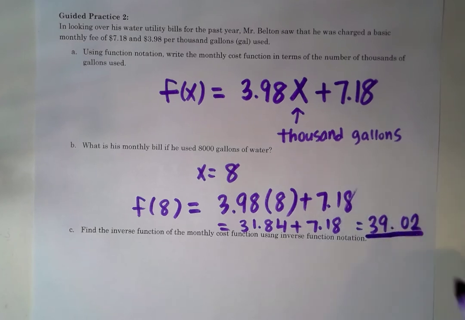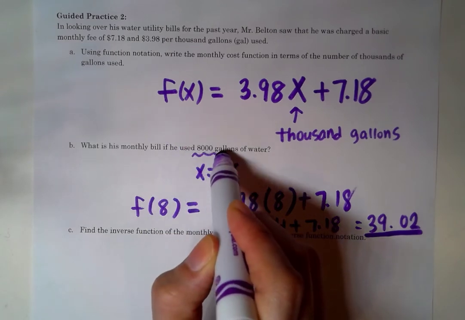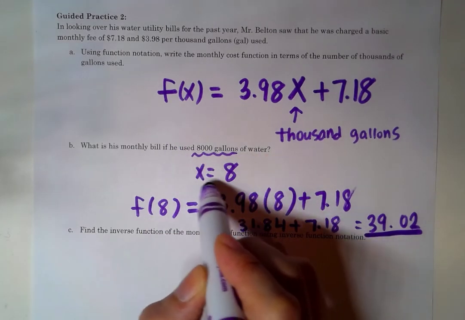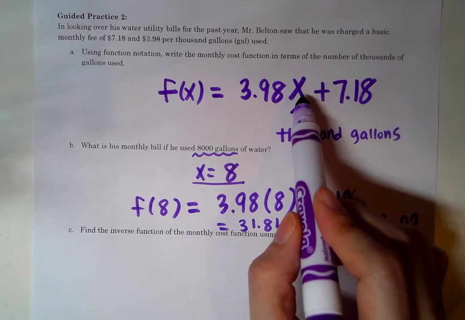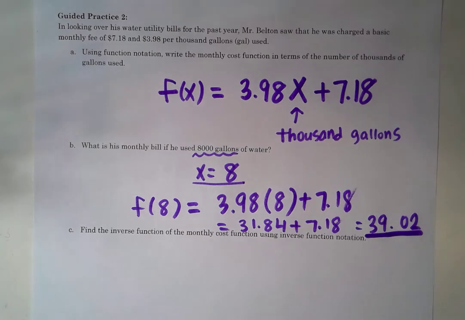Okay, 39.02. That's the answer for B. And just make sure for 8,000 gallons, we are using 8 because the unit's already thousands of gallons of water.